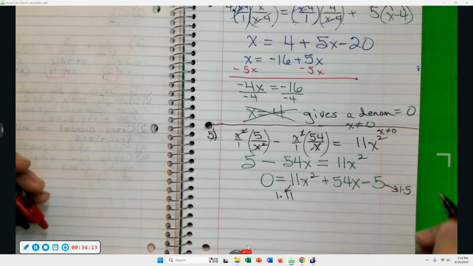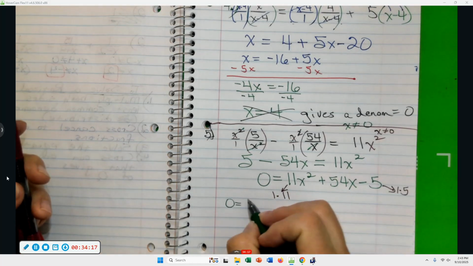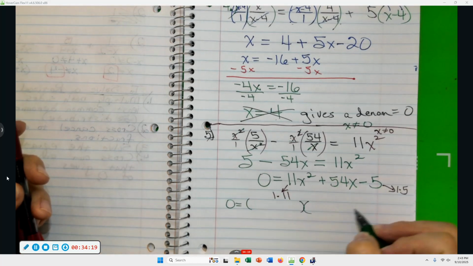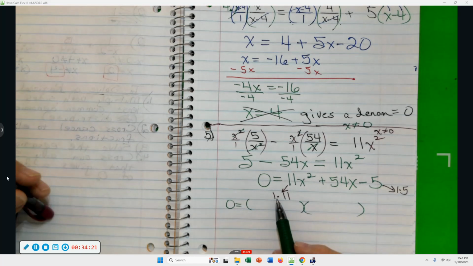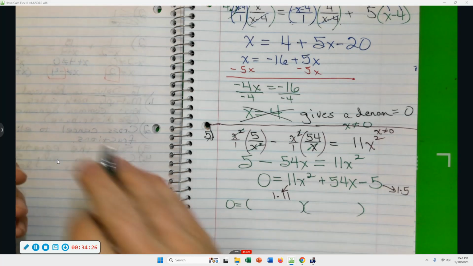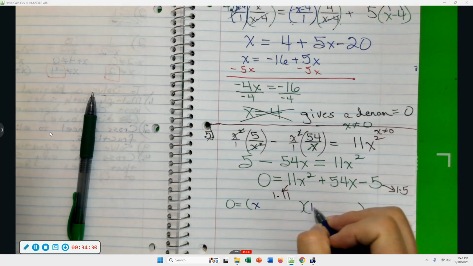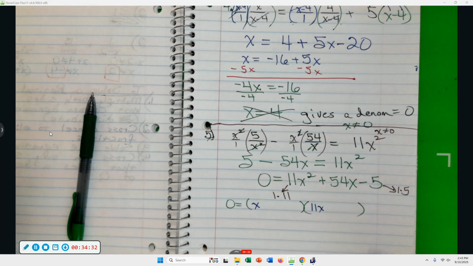Okay. We'll write our 2 sets of parentheses. The only possibility for the first, 1 times 11, so 1x times 11x. Oh, what do we know about the signs?